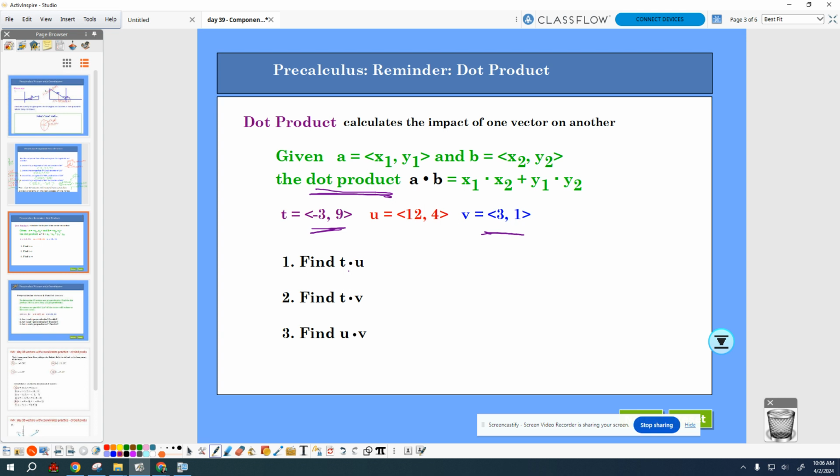You do what it says here, x times x and y times y. Sarah, what is the x times x plus the y times y for T and U? 12 times 12. Negative 3 is negative 36, and then 9 times 4 is 36. So the dot product is 0, and that meant something special. Not parallel, perpendicular.